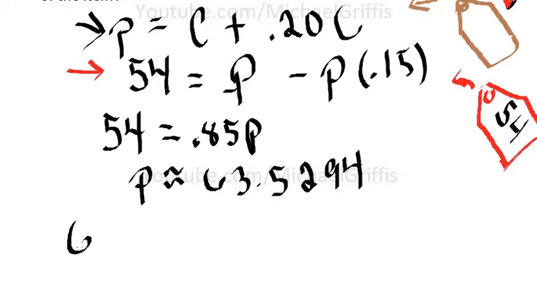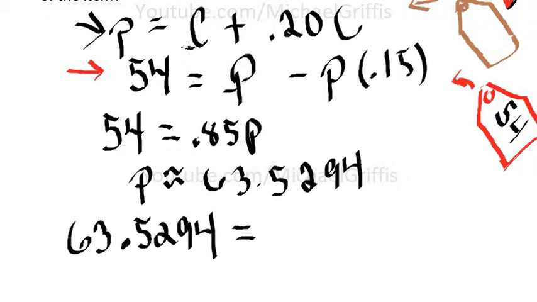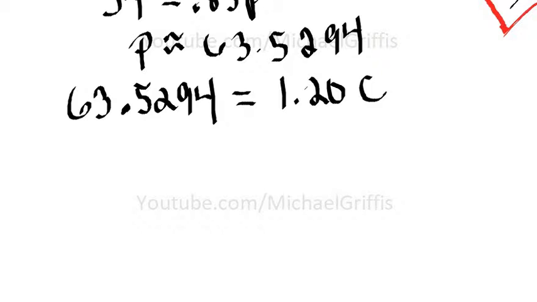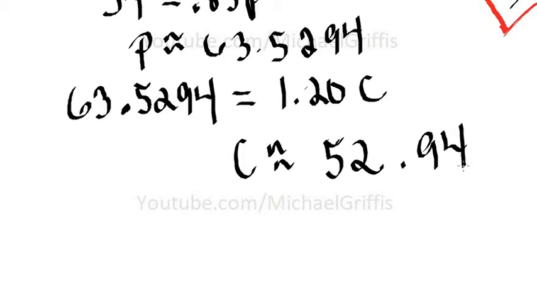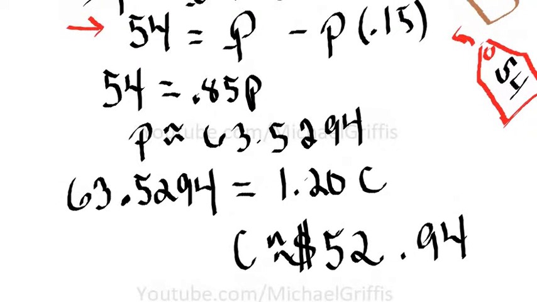So we have 63.5294 is equal to, now we have like terms, 1 plus 0.20 is 1.20 C. And now we want to solve for C, so we're going to divide that by 1.20, and I'm getting C is approximately $52.94.